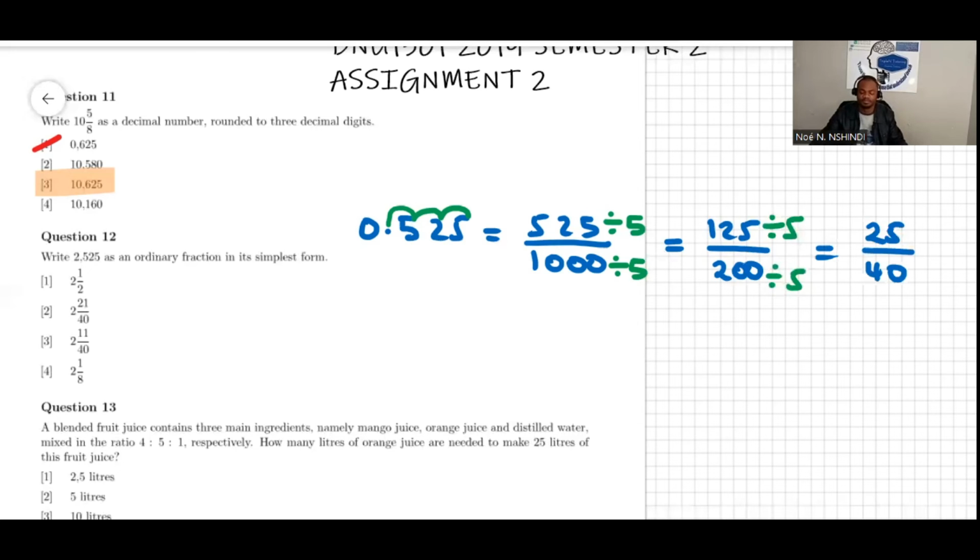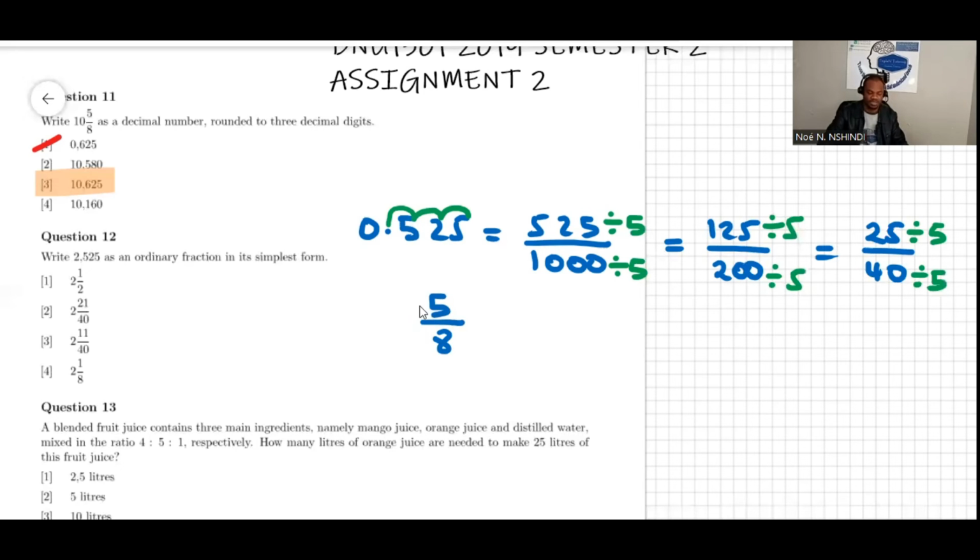Now you can divide by 5 there and by 5 there, and then 25 by 5 is 5, and 40 by 5 is 8. So the decimal part here can be written as 5 over 8.